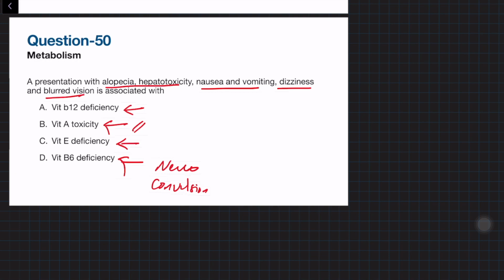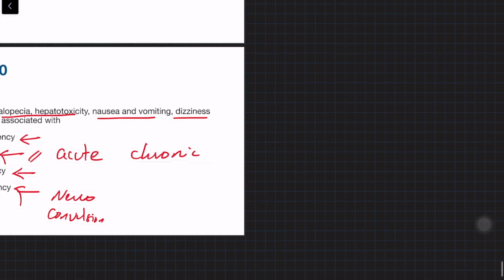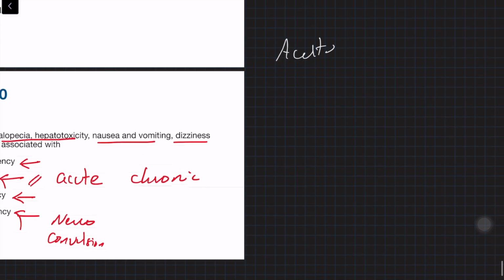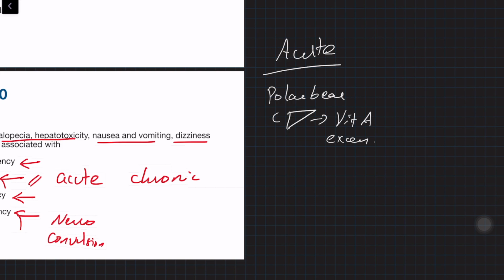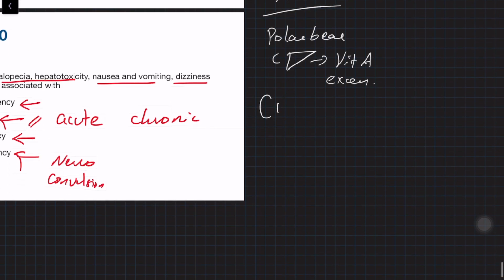How we can say is that there are two types of vitamin toxicity. It could be either acute or chronic. You may get confused how someone may have acute vitamin A toxicity. In polar bear livers, vitamin A is stored in excess amounts. Even in our liver, vitamin A is stored in Ito cells.